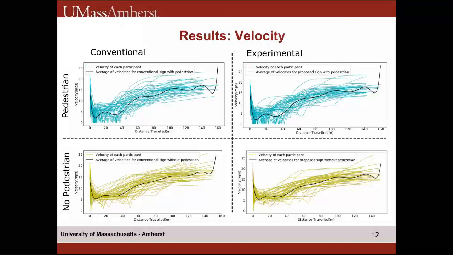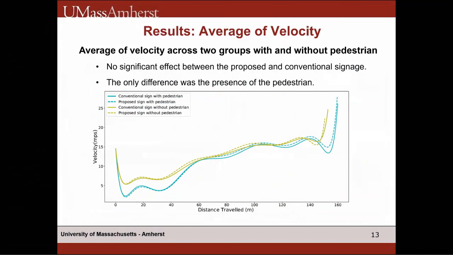As illustrated in the plots, the black lines are the averages. To compare them, we put them in just one plot, and as is obvious from this plot, there is no significant difference between the conventional and new sign. The only difference was when the pedestrian was at the roundabout.